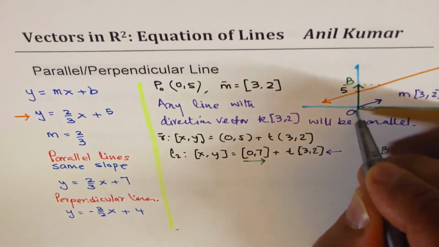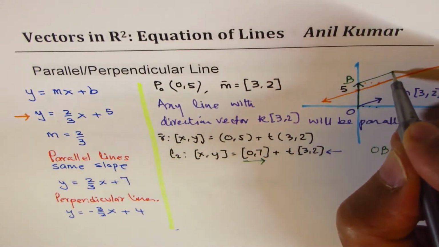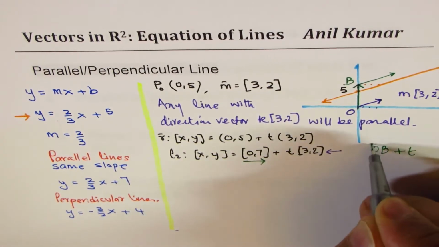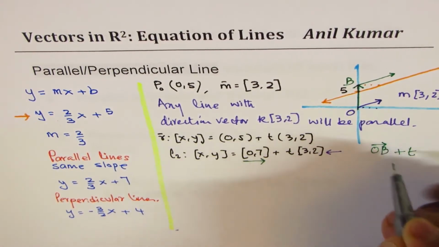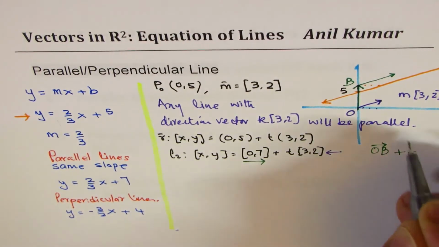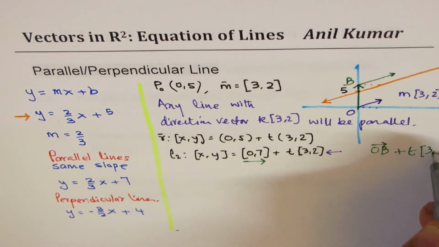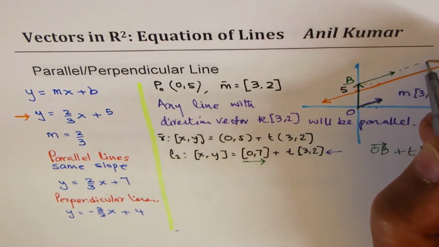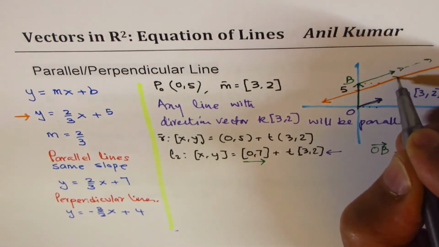And I'm moving in this direction t times. So OB is my position vector, and then it is t times (3, 2), which is that direction. Correct? So that becomes a line, and these two lines you can see are parallel.